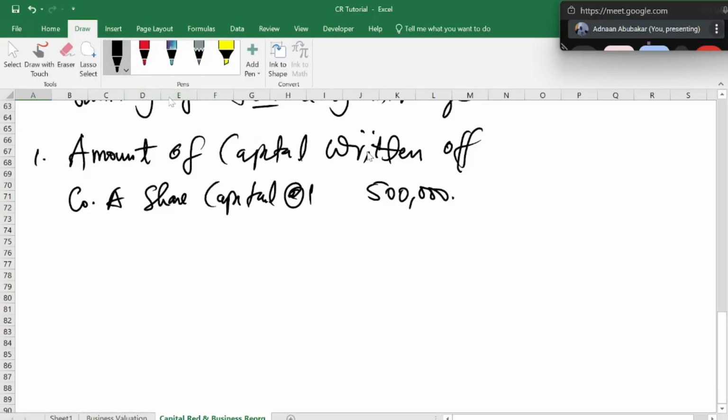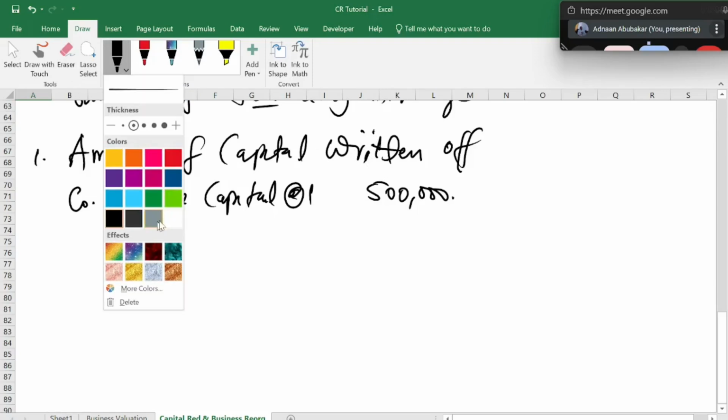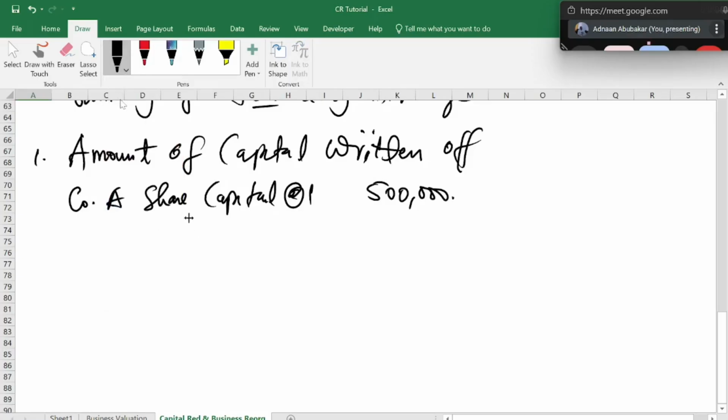You remember? Yes. So for example, if they are consulting the ordinary shareholders and they say that okay, we have a problem, so you should also make what we call a sacrifice.